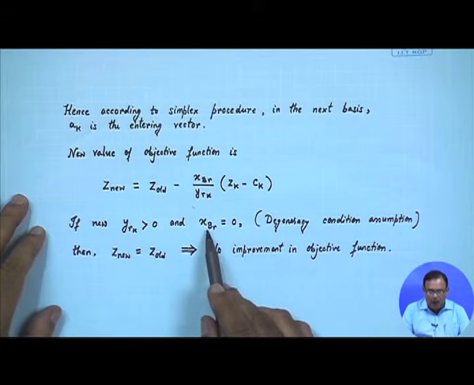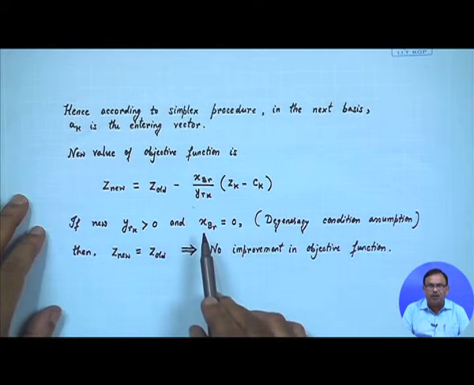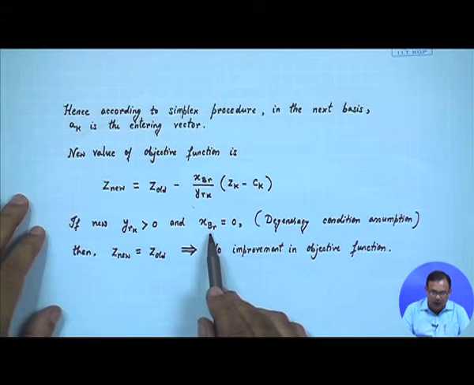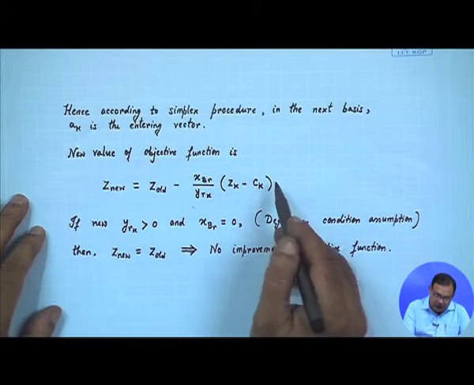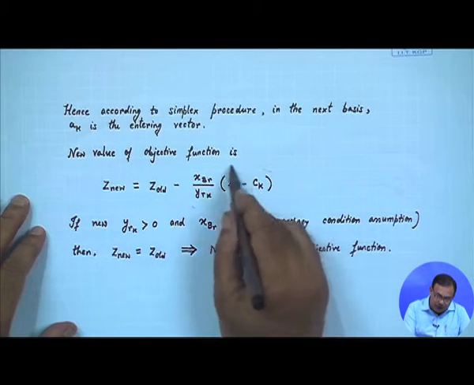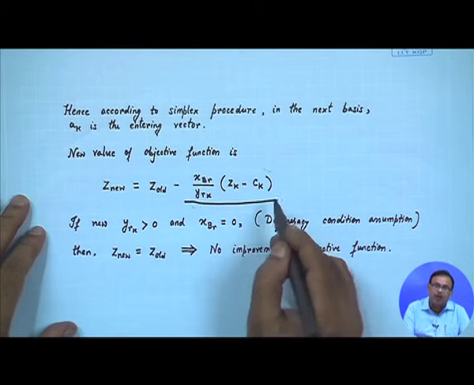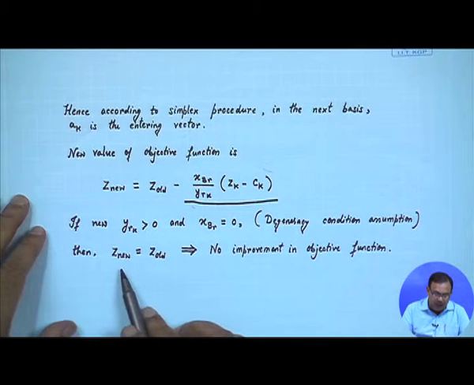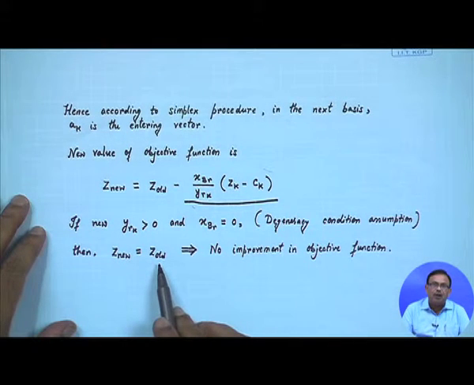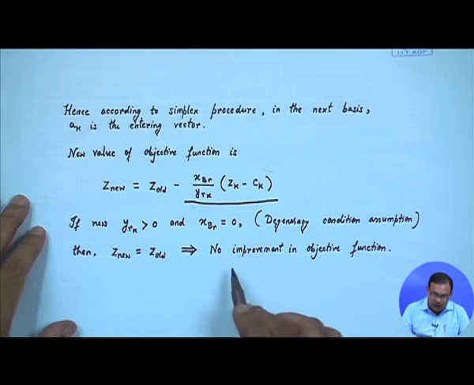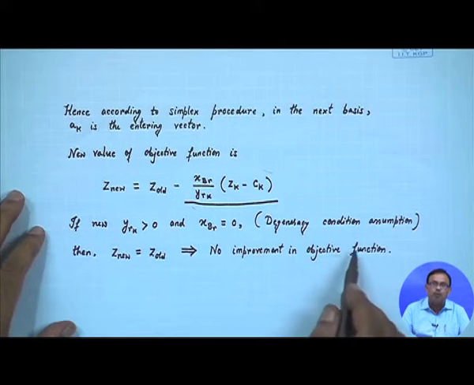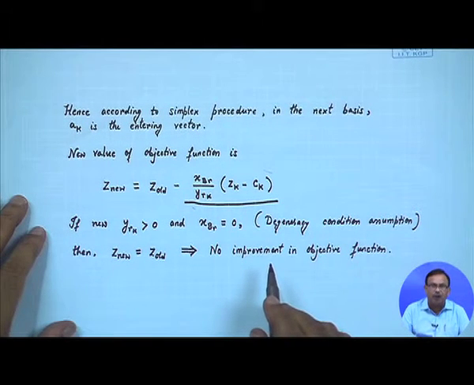So, y_rk has to be greater than 0 and x_Br is 0. Whenever x_Br is 0, this term vanishes. Therefore, Z new is equal to Z old, or in other words, no improvement in the objective function.